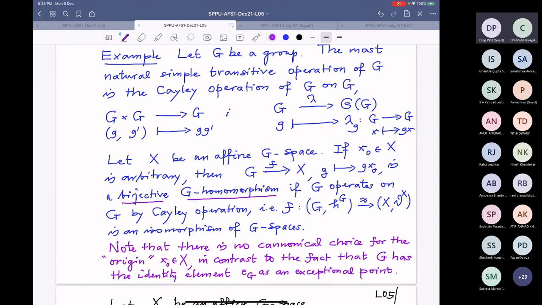And therefore g equals g prime. So I proved it is injective. Surjective is obvious because of the transitivity. Therefore, what we have proved is that if X is an affine G space, then this affine G space has to be isomorphic to the Cayley operation of G on G. Now is it clear?